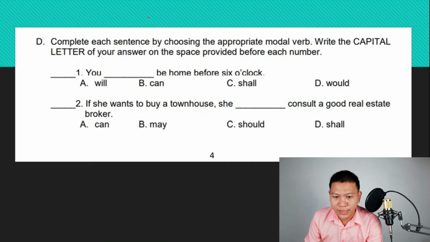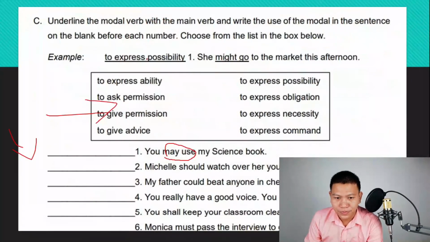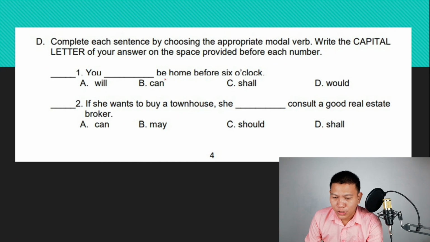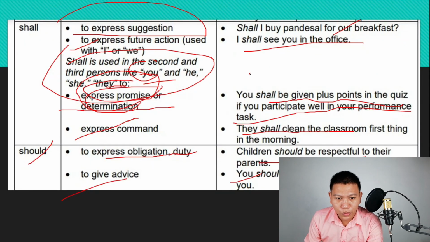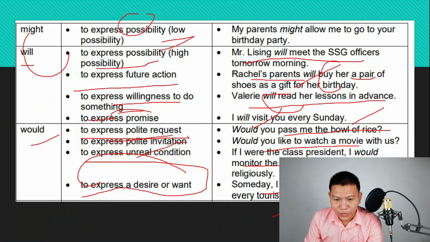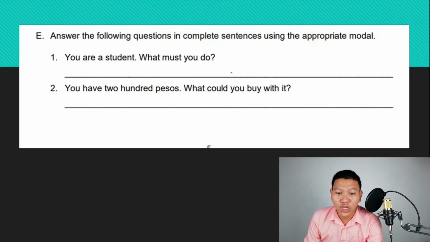So what are the choices? Shall and would. Shall, express suggestion, future action, express promise or determination using you. And then should, express obligation, duty, to give advice. So if you are giving advice, it's should actually. Shall and would. Polite request under okay. It's shall. You shall.